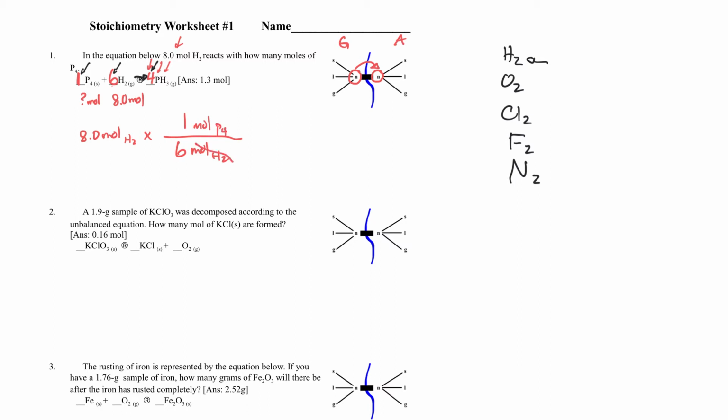So the moles of hydrogen cancel. So I'll go 8 times 1 divided by 6, and I'll get 1.33333, etc. moles, rounding to 2 sig figs because of that number right there. There's 2 digits in there, and so I would round this to 1.3 moles.